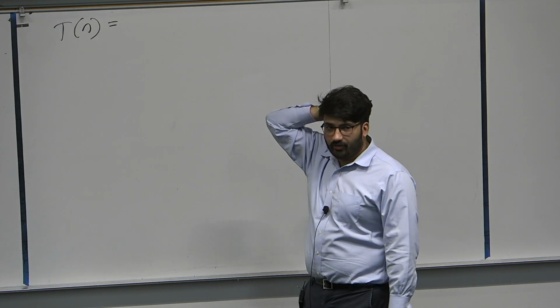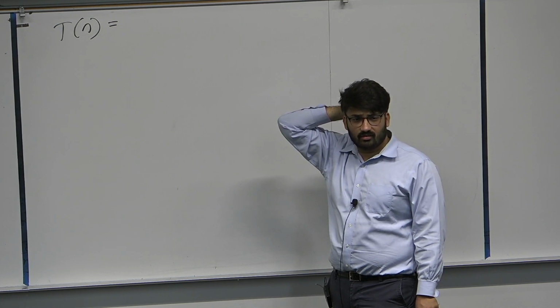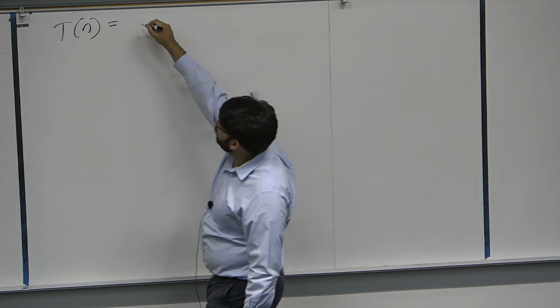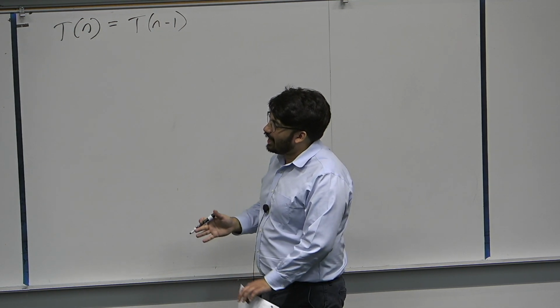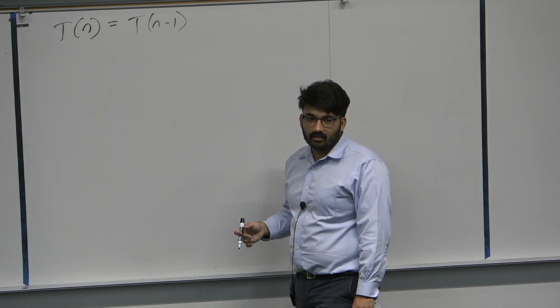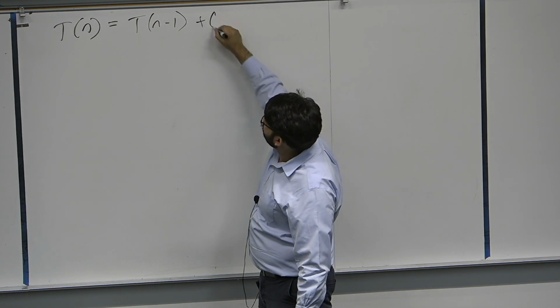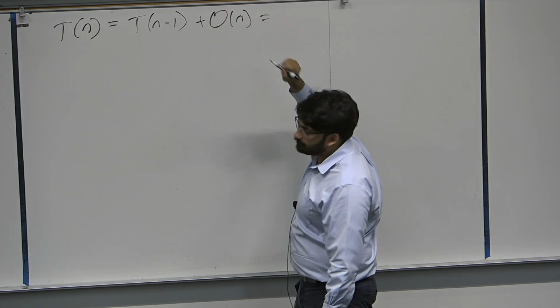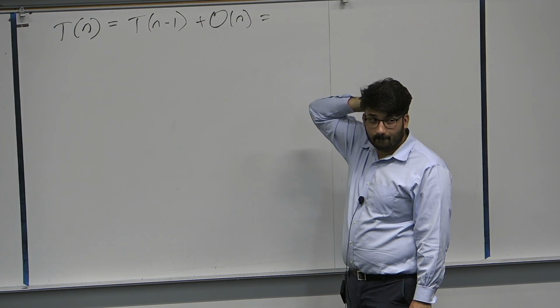T of n will be a function of what? T of n minus 1, right? We don't nicely search over half. We search over basically the whole array each time, plus how much work is done at each level? N squared. Yeah.